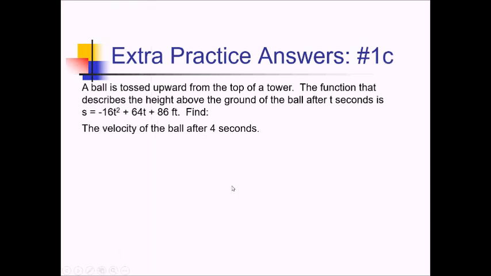For this problem part, we want the velocity of the ball after 4 seconds. So this is another one where we have to plug 4 into the v function. But again, because we're just plugging a single number into it, I'm just going to take the derivative of the distance function here and plug 4 into that on the calculator. So v of 4 is really just, again, S prime of 4.